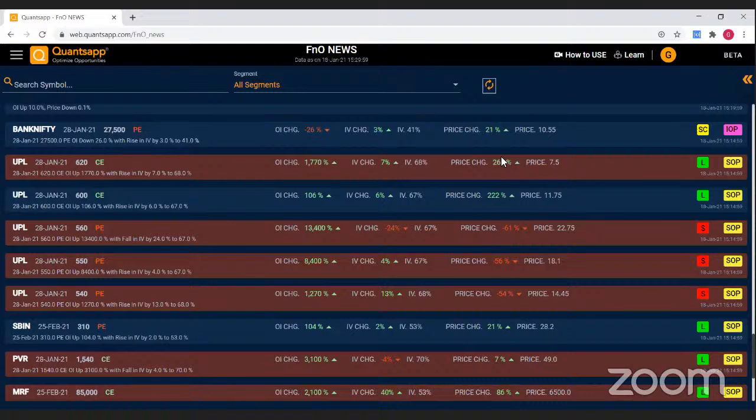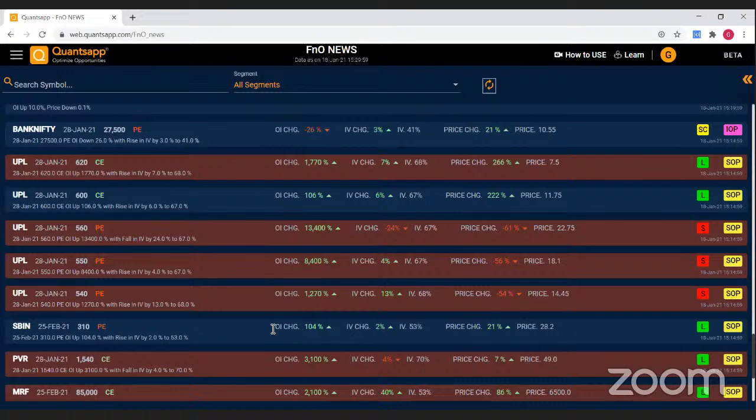So even if there's not a significant price change, that is okay. But if there's a significant OI change, which can give a clear indication, on the put side I can see that there's huge confidence that the market participants are showing by writing the puts. And on the call side, I can say for the 620 call option, the market participants are building on the long side and showing a good amount of confidence for that long.